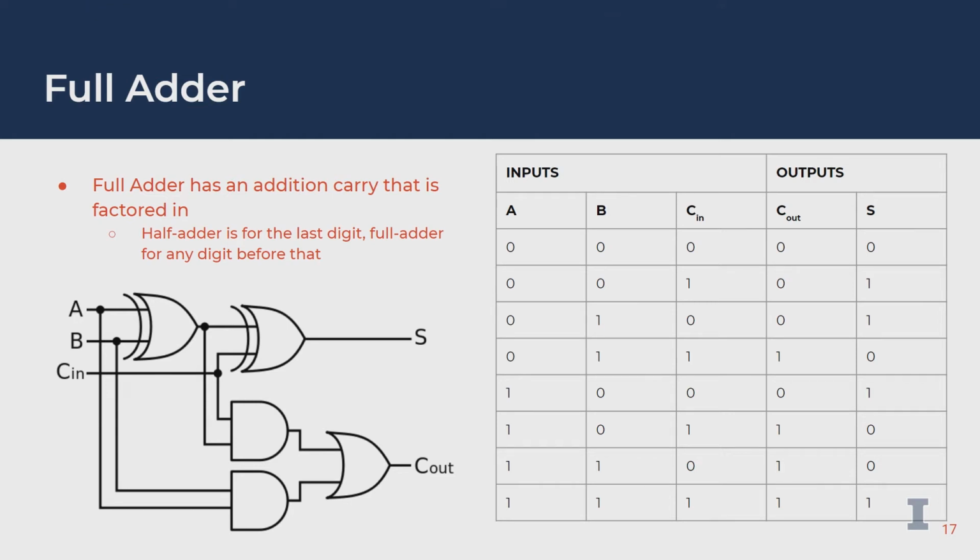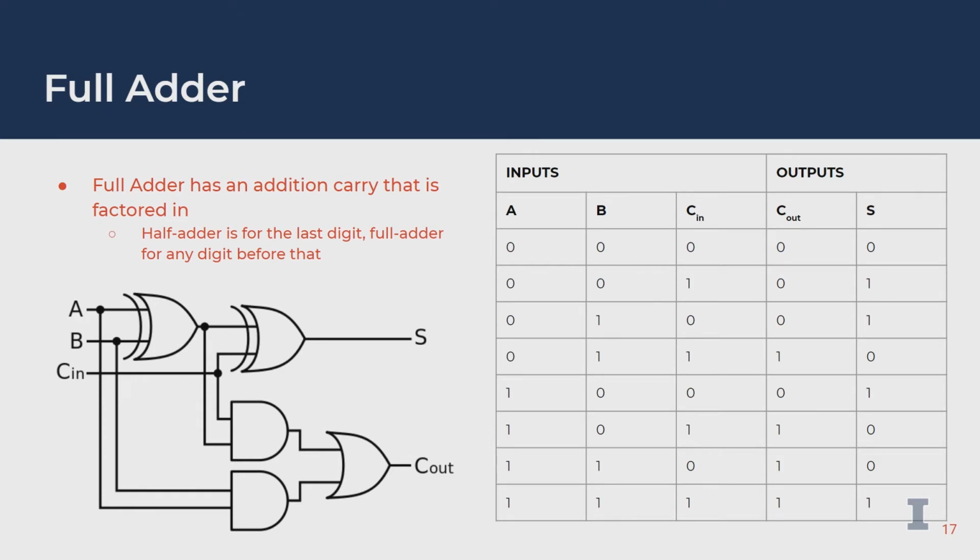What's the other input to that? C in, yeah. And then that's going to give us S. So our expression for this is going to be parentheses A XOR B, and then that XORed with C in.